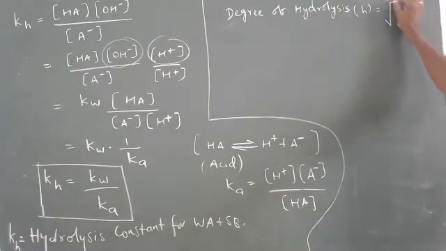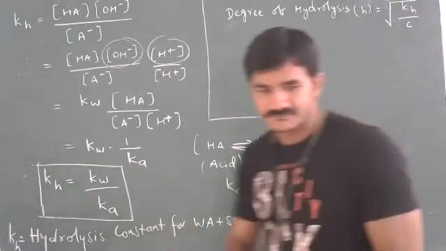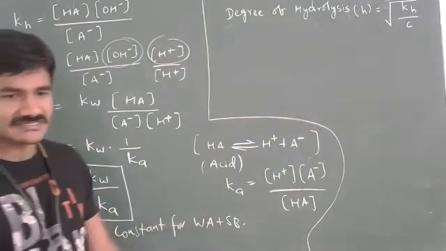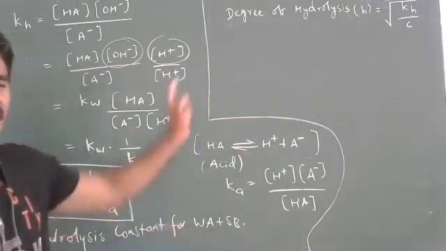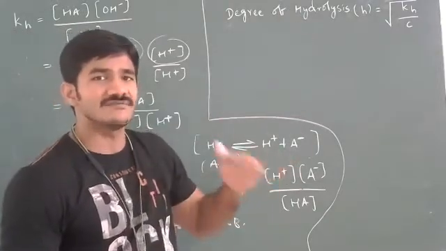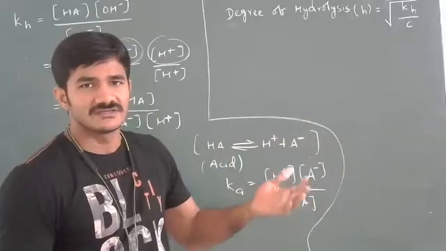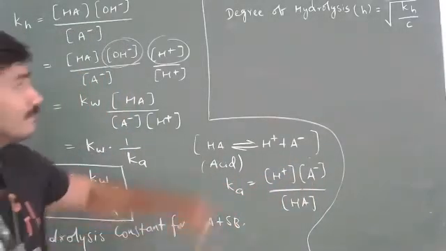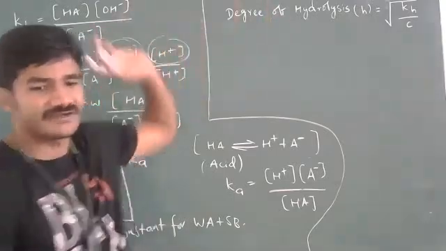It does not require any further derivation. What is degree of hydrolysis? Degree of hydrolysis means the amount of salt which undergoes hydrolysis. The quantity of the salt which undergoes hydrolysis can be measured by the degree of hydrolysis.